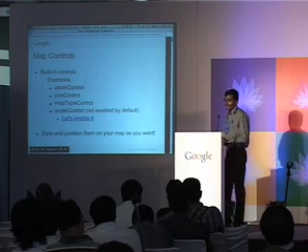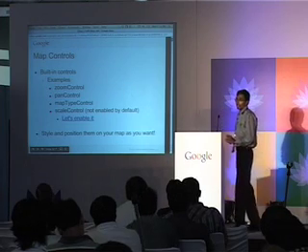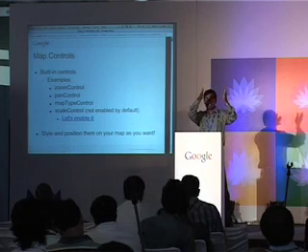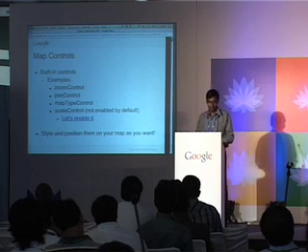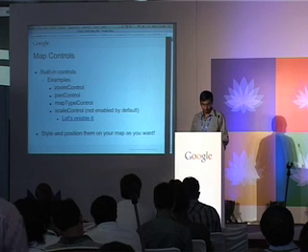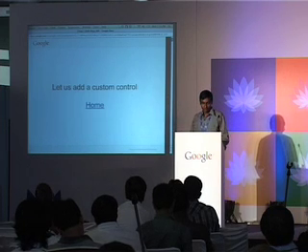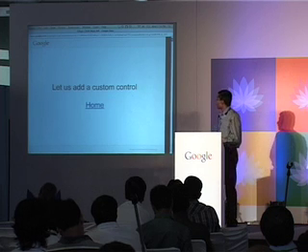Not only that, you can also style and position them on the map as you want. Like if you want the zoom to be on the left, you can have it on the right according to your wish. So now we will see the custom control.